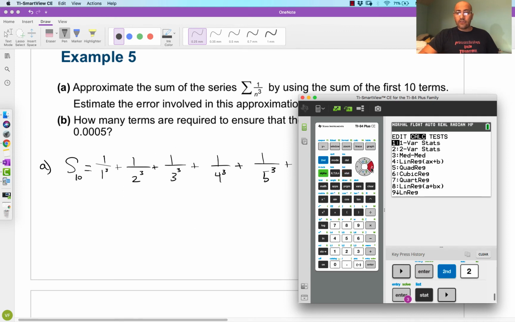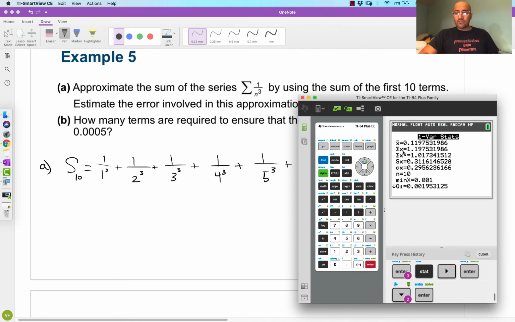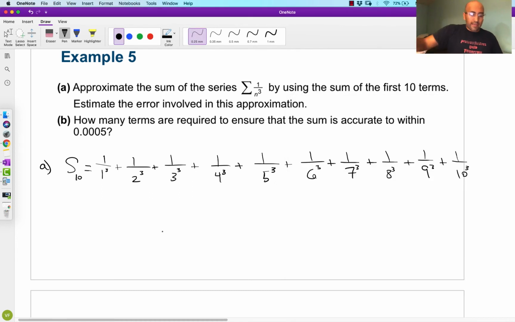Stat, Calculate, one variable statistics, hit enter. I chose L2 because that's the list that contains all the values I wanted to add. So calculate, and there it is. The sum of those values adds up to 1.1975. So S sub 10 adds up to 1.1975.